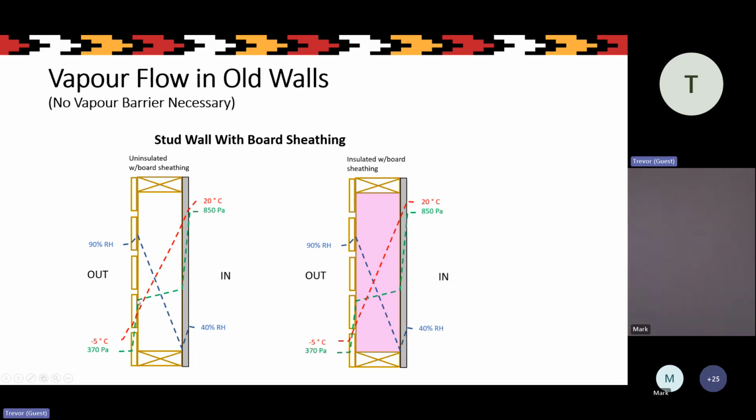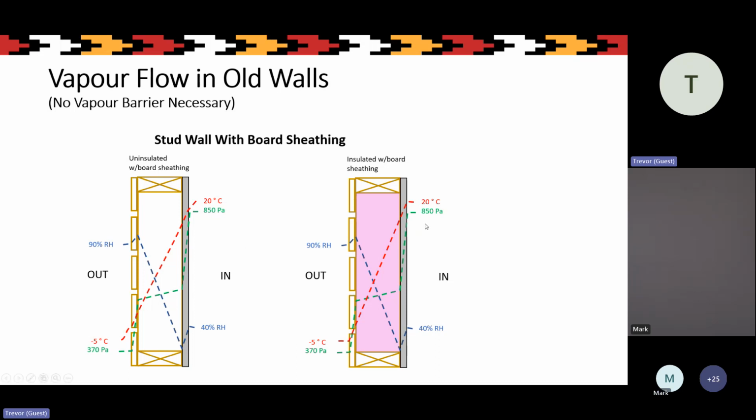What that does to our RH is that it has no reason to really go above the exterior RH conditions, because we're basically heading for the outdoor condition. And we'll see how that's different in a minute.